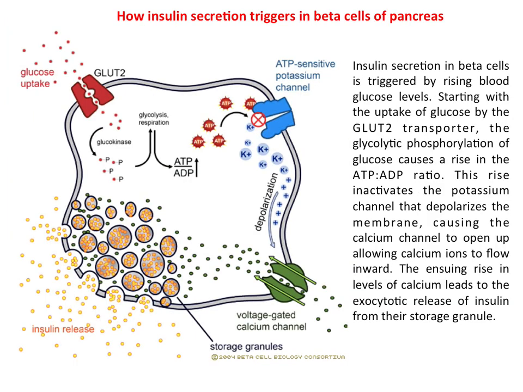Now, how insulin secretion is triggered in beta cells of the pancreas. So in this figure you can see the structure of B cell or beta cells.